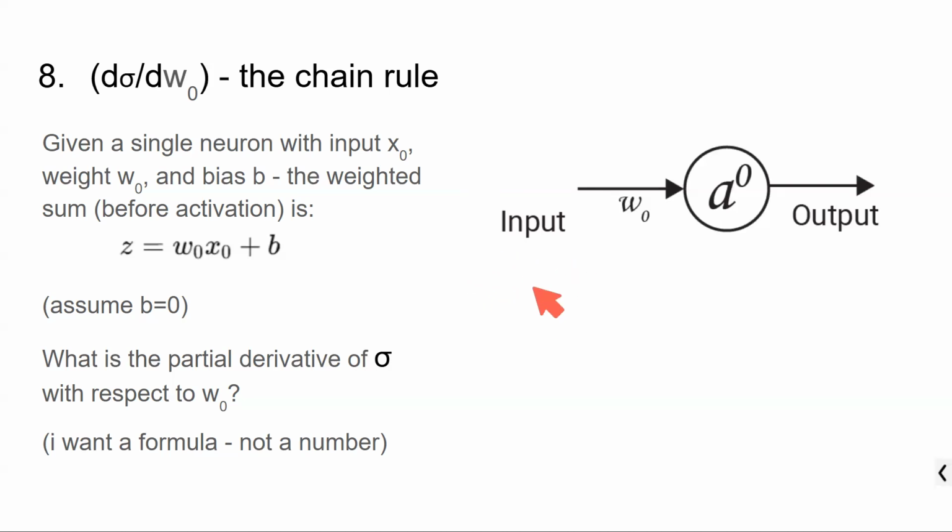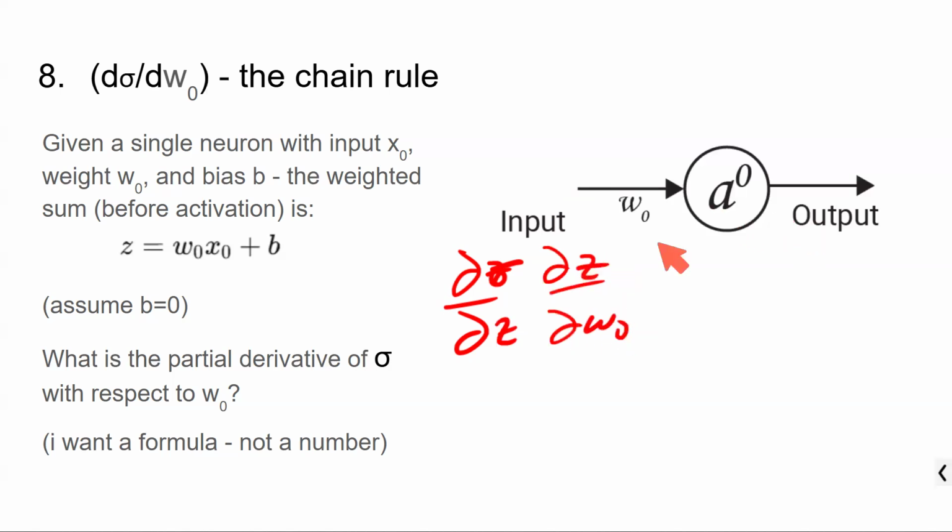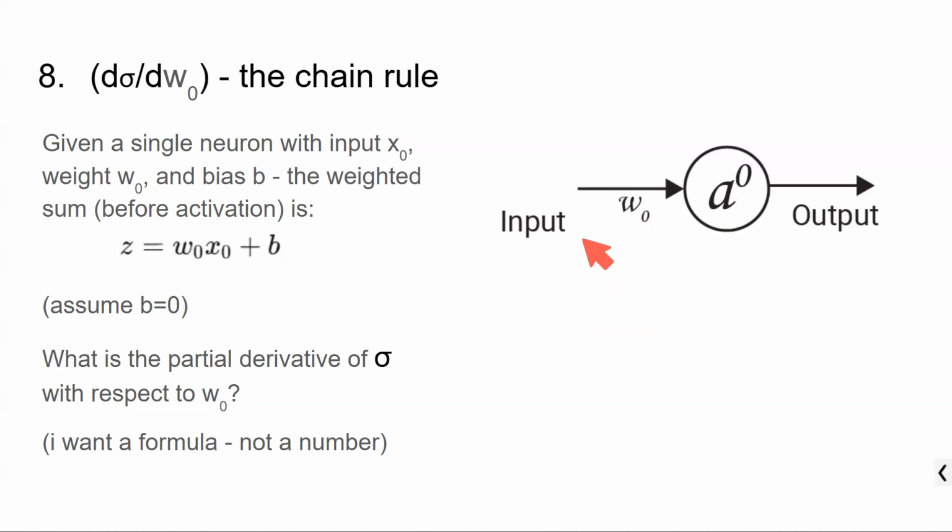What's it with Z? With Z, it would be d sigmoid dZ times dZ dW0. Absolutely, I agree.